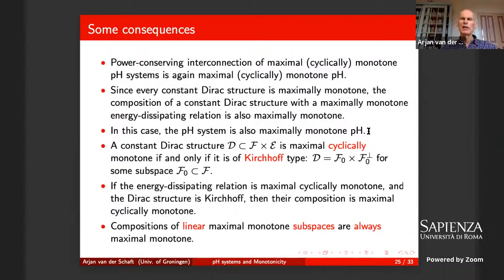So an ordinary port-Hamiltonian system is also a maximally monotone port-Hamiltonian system. By the way, Dirac structures are typically not cyclically monotone. In fact, they are so if and only if they are of Kirchhoff type, so that we can split the linear equations into equations involving only the currents and dual equations involving only the voltages.